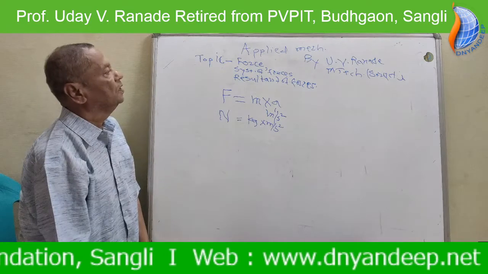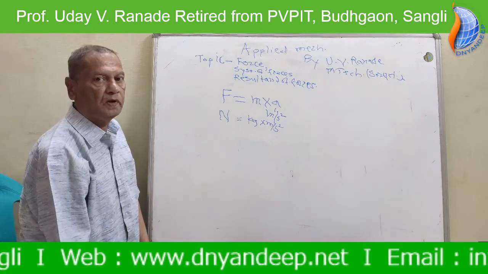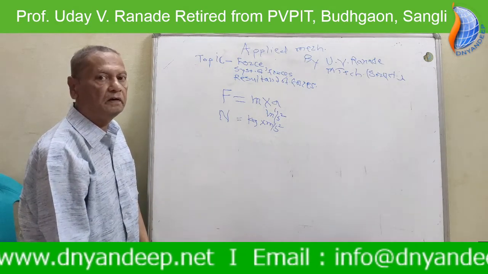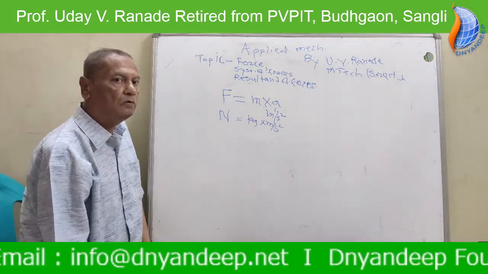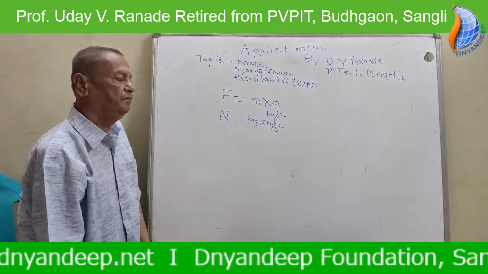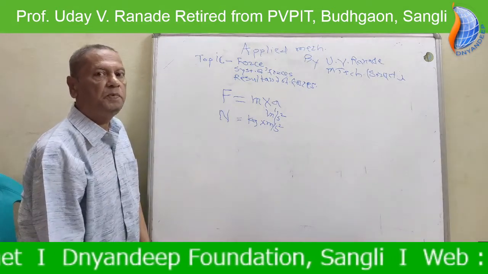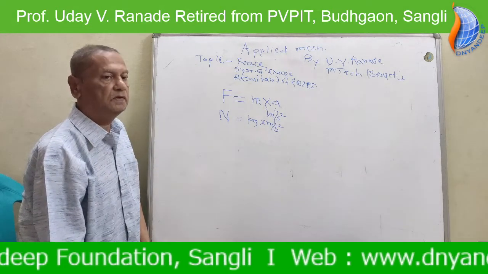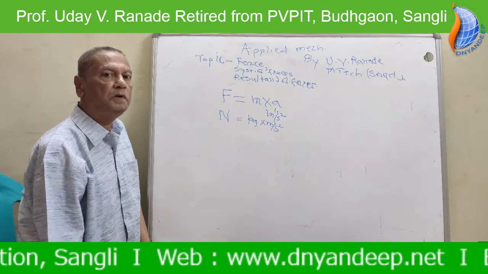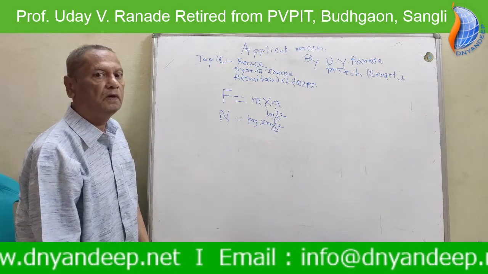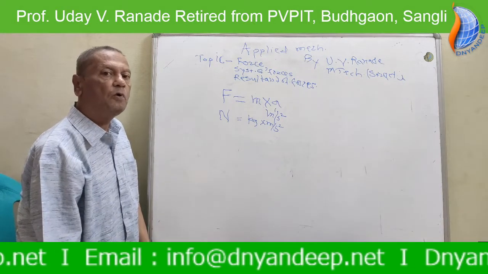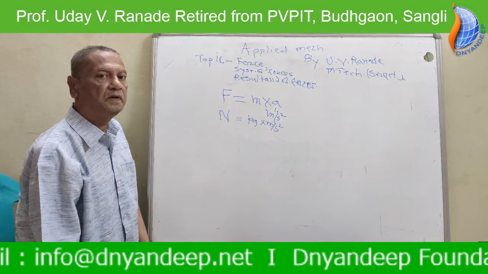Now, system of forces. Now there are number of forces acting at a point. Before that, I am going to tell you that if any force is to be represented, that means any quantity is to be represented like that, force also is required to be represented. Now how force is to be represented?